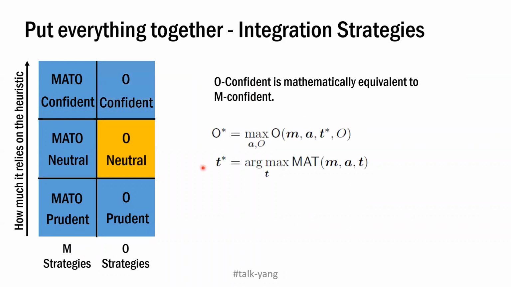And like the M-neutral strategy, the O-neutral strategy first optimizes the MAT score over the transformation, and then optimizes the O score over the analogy and the option. And the O-prudent strategy is simply another brute force search over all the possibilities, trying to optimize the O score.